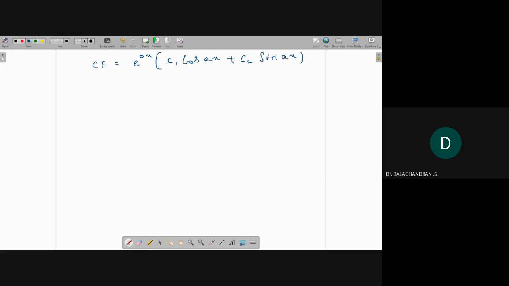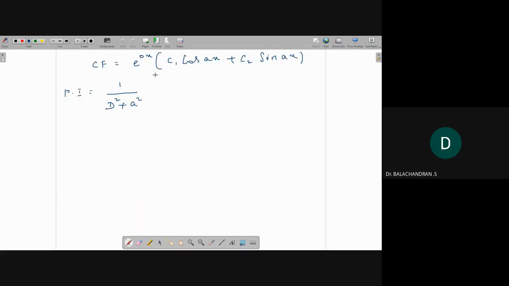Now we need to find the particular integral. PI equals 1 by D square plus a square times the right hand side function, a square R by P into L minus x.